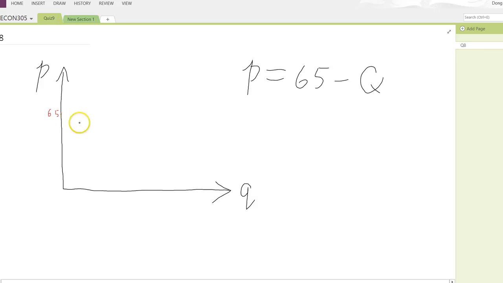The second point I choose is on the horizontal axis when P equals 0. When P equals 0, we can solve out Q to be also 65. Once you connect these 2 points, that's our demand function D.